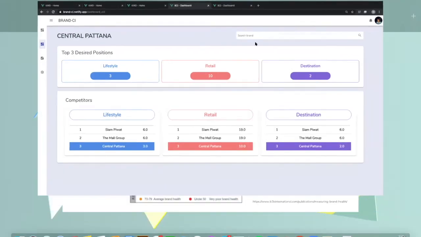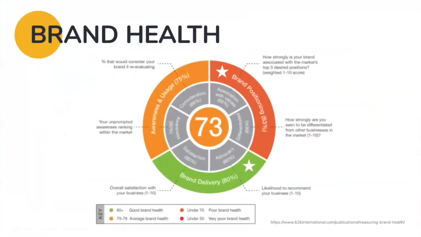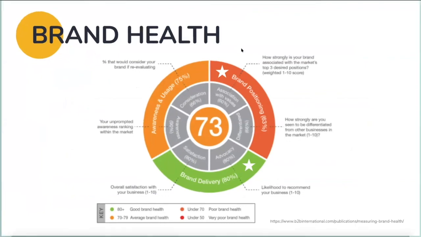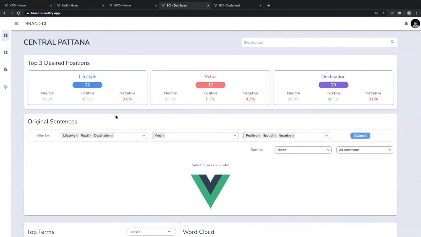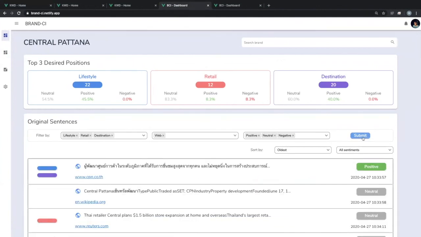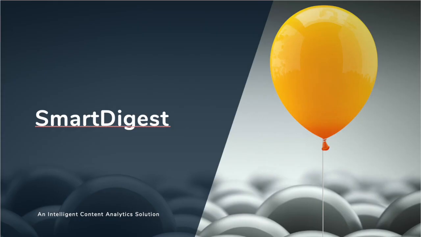So in conclusion for brand CI, the 3 key features here are, first, association value, which is the first deck that I showed, where I selected lifestyle, retail, and so on. Second is sentiment analysis, which I showed on the second deck, showing the original sentiment and the sentiment of the text. And the last feature is competitive analysis, which I showed on another page, where I can compare my brand with my competitors in the part of the selected term that I use.